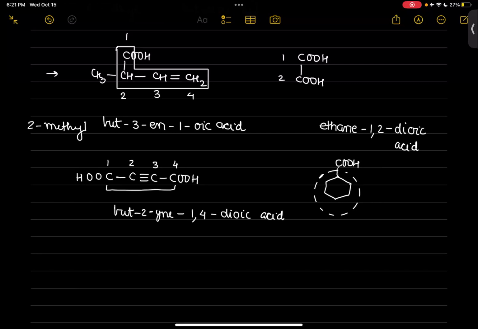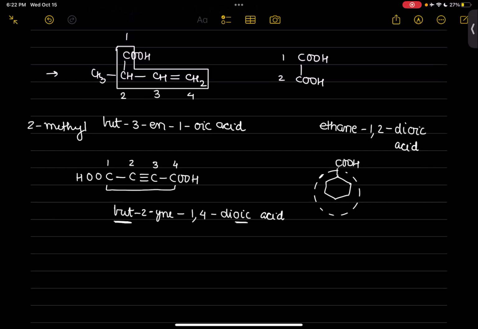That's obvious due to the oic in it, right? No, oic does not include that extra carbon. The extra carbon was not included in the word root, and that extra carbon was not part of oic. Got it?